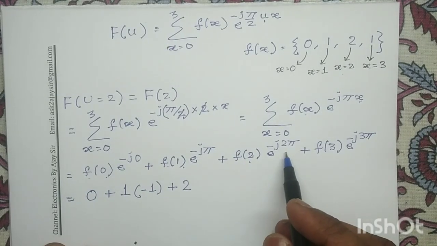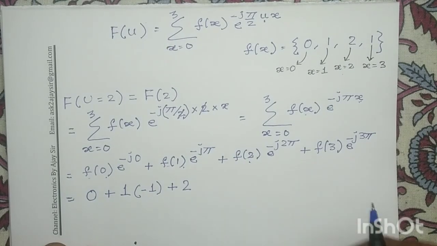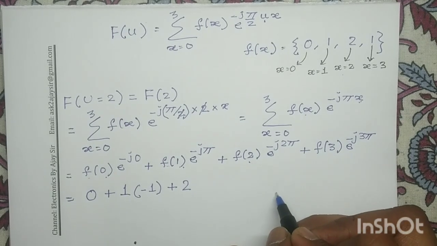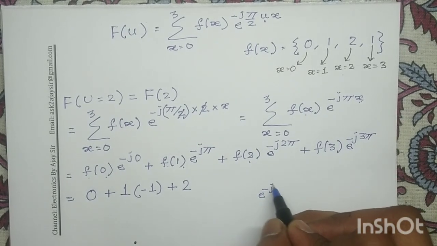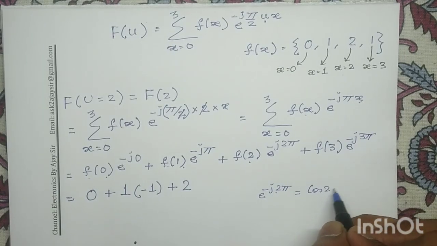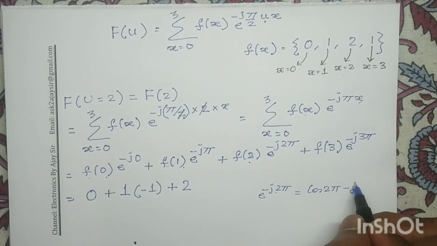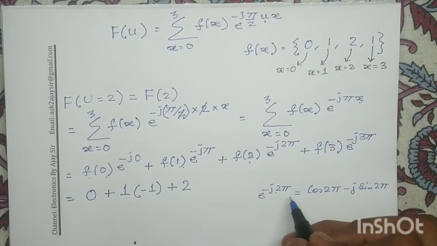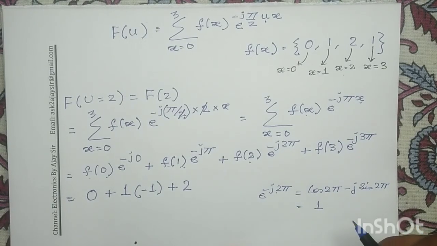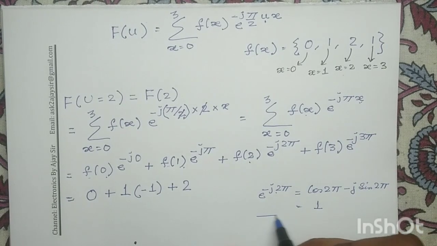Now we have to compute e to the power minus j 2π. We will use the same Euler equation: e to the power minus j 2π is equal to cos 2π minus j sin 2π. We all know that cos 2π is equal to 1, whereas sin 2π is equal to 0.